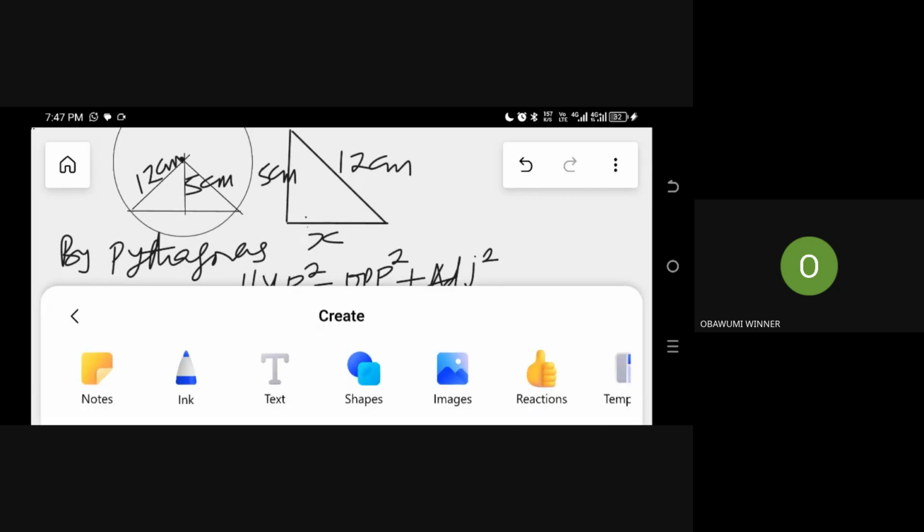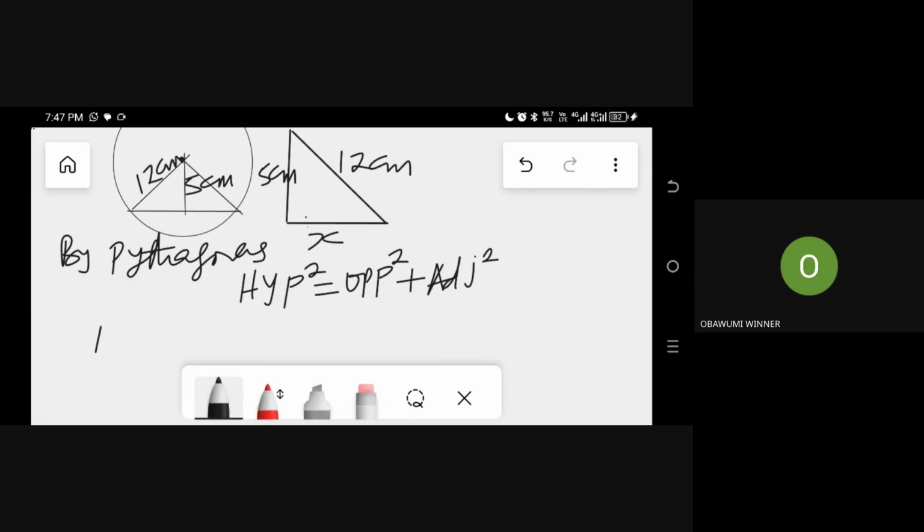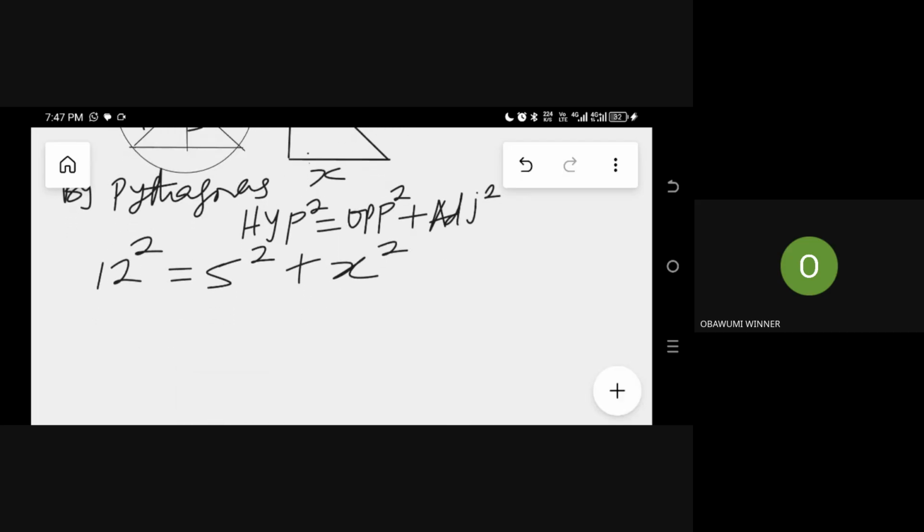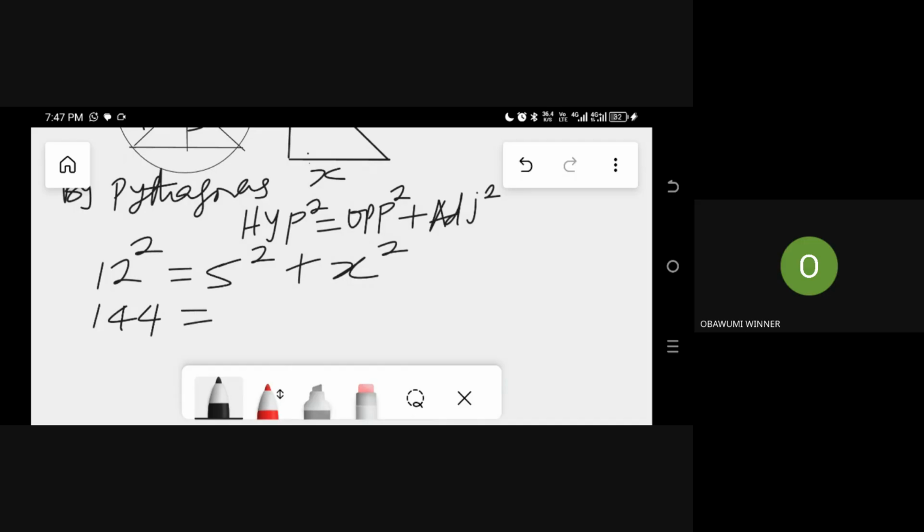So 12 to the power of 2 is equal to our opposite here, 5 to the power of 2, plus adjacent s to the power of 2. 12 to the power of 2 is 144, so 144 is equal to 5 to the power of 2, which is 25, plus s to the power of 2.